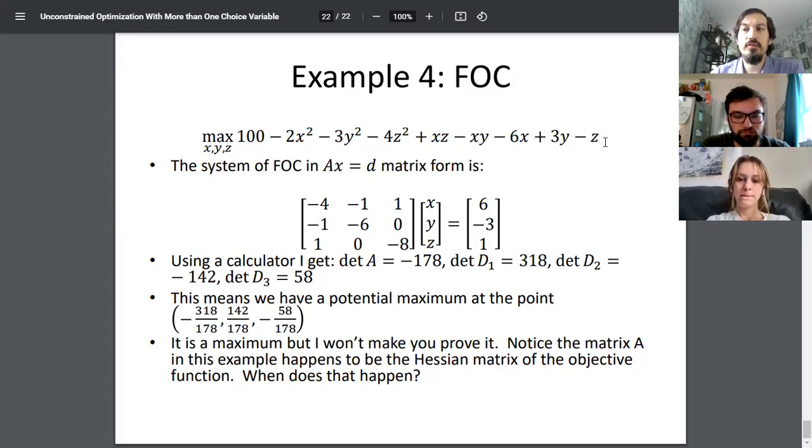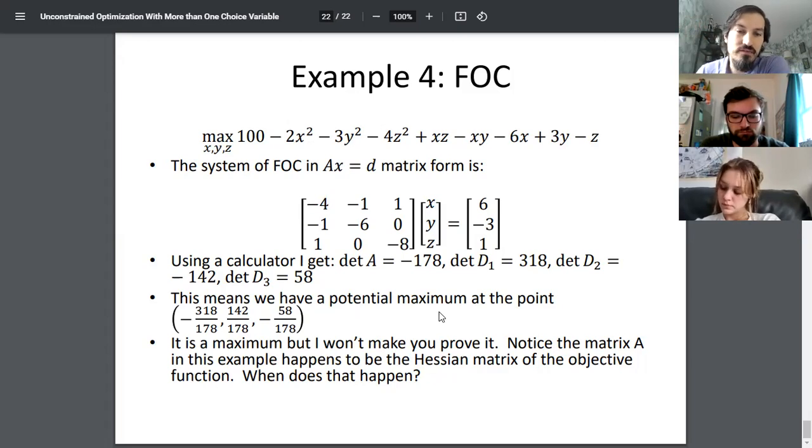And just real quick, if this were instead of negative 2x squared, negative 2x cubed, then even in the second order partial derivative there would be some x's in there. And it wouldn't be so simple as this negative 4 times x in the first order condition. There would be an x squared in the first order condition, and therefore you couldn't do this. So I think that's good for this example.